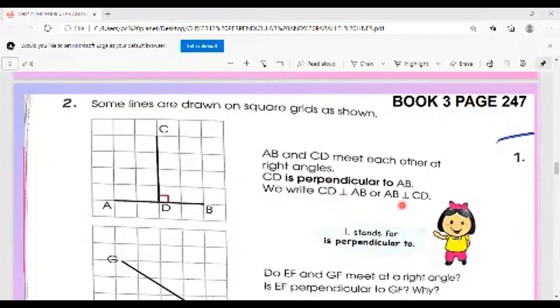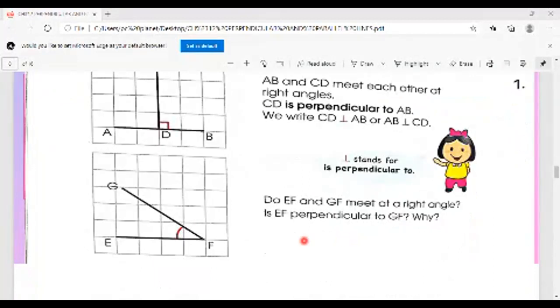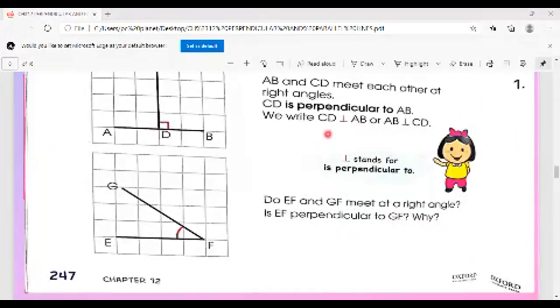First you can write AB, then the perpendicular sign, then CD. So this is a small sign that we use instead of writing the whole spelling of perpendicular. It's very important to remember that this sign is used for perpendicular.